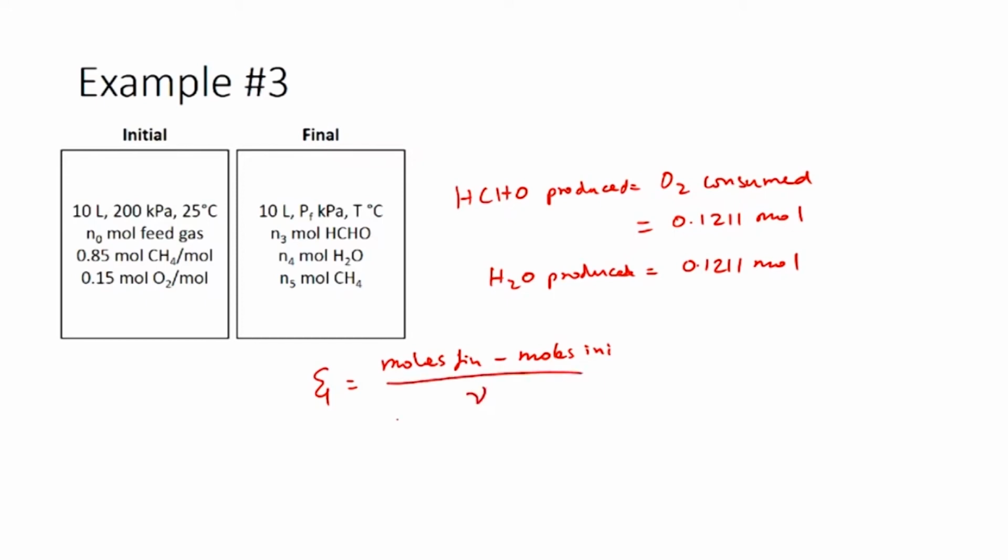If you were to use oxygen, you would have 0 minus 0.1211 divided by minus 1, giving you 0.1211 moles. So, that is the extent of reaction. This can be used while we perform the energy balance calculations.